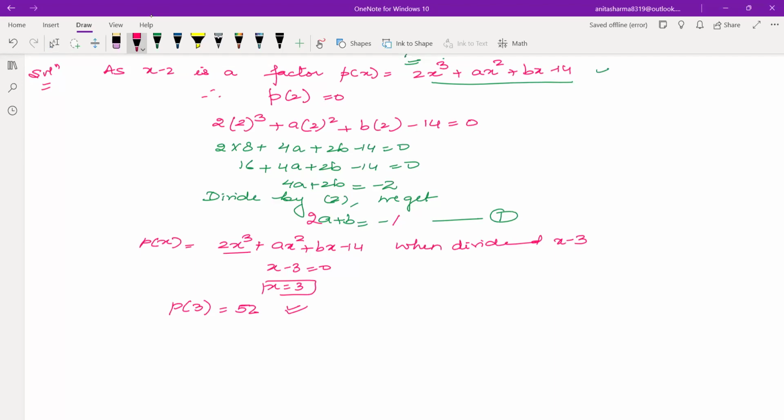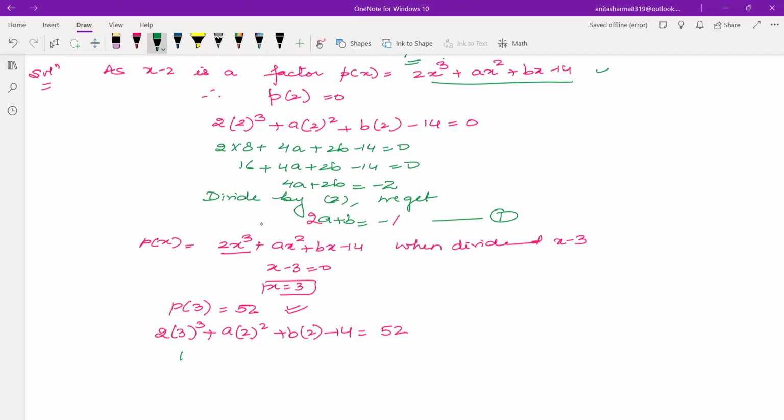Now put the values here: 2 into 3 cube plus a into 3 square plus b into 3 minus 14 will be equal to 52. Got my point, children? Okay, now solve it.